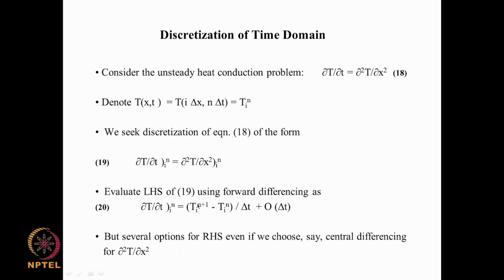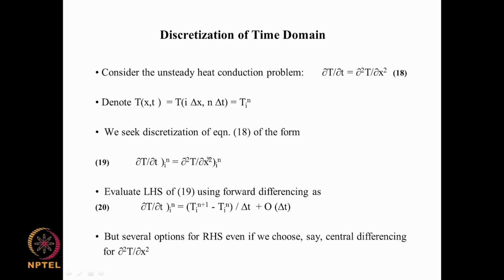So the index n changes from n plus 1 to n. This is a first order forward difference approximation for dou T by dou t at I comma n, and it is first order accurate as we have seen earlier.